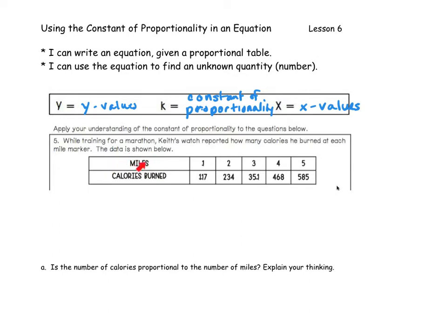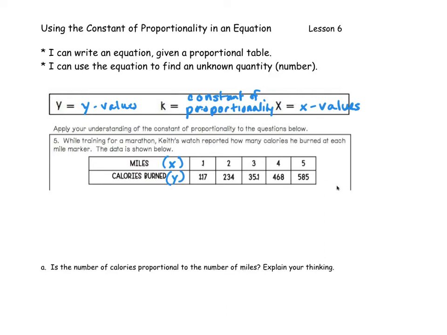I see miles, so everything in this row are our x values, and everything in this row we're going to consider our y values. This would represent 1 mile, 2 miles, 3 miles, etc. Calories burned would be 117, 234, 351, etc.